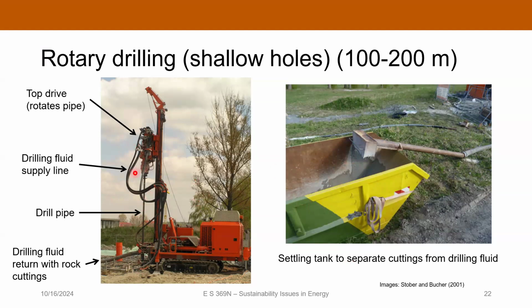So pretty simple process. This can be operated with a fairly small crew. And again, it's a couple of hundred meters depth that you can get with these. It's actually very similar to what you might drill a water well with. So again, you could have one of these in your backyard if you want to put a geothermal system in.